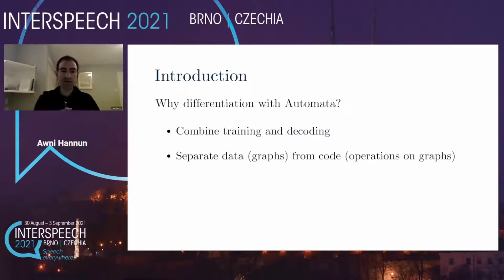Another benefit of differentiation with automata is this idea of separating data from code. In this case, the data is the graph, and the code are the operations on graphs. The graphs being automata. And in general, whenever you separate data from code, it makes it easier to express ideas. And the same thing is going to happen with automata.